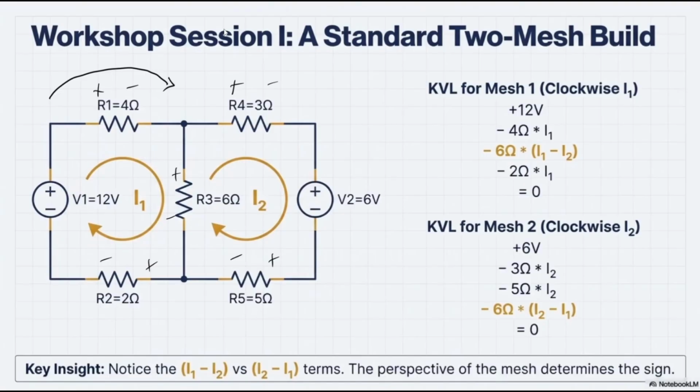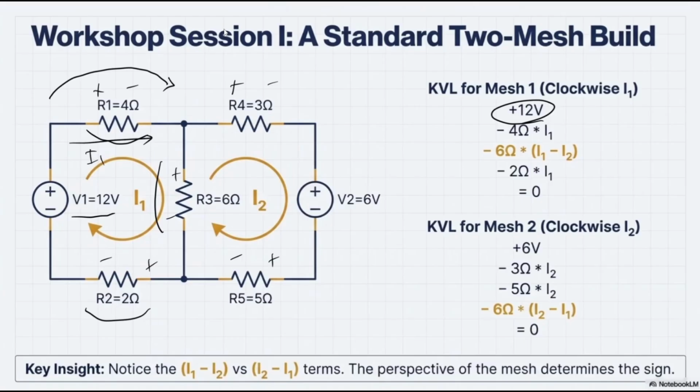So let's write KVL for each of them. For the first mesh, my voltage source is going to equal the accumulation of the voltages across R1, R3, and R2. So the voltage source, 12 volts, equals 4 ohms times I1, because the current that goes through here is I1.